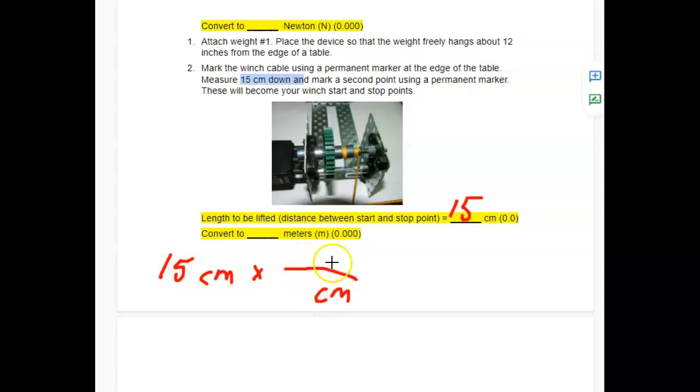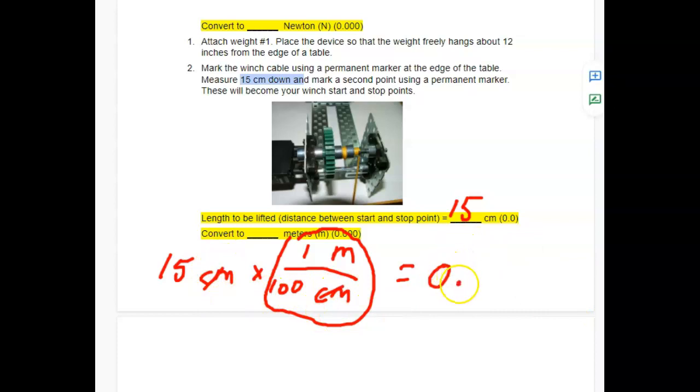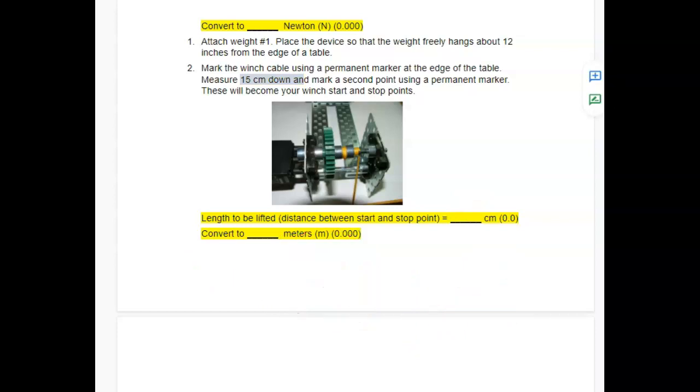Centimeters goes on the bottom, meters goes on top, and 1 meter is the same as 100 centimeters. That's a conversion factor you should definitely remember, because it's going to show up on the final. If we divide by 100, you can see the units cancel out. We move the decimal over 2 places, so 0.15 meters. That's the answer for number 2, the distance we're lifting it.